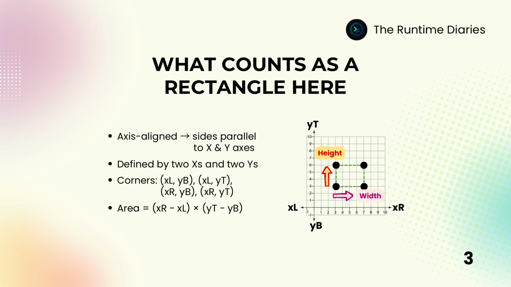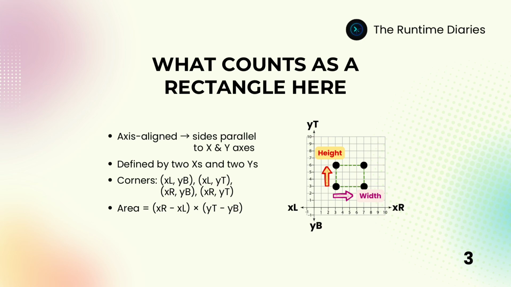Let's clarify what we mean by a rectangle in this problem. Because the sides are axis aligned, they're always parallel to the x and y axis, and no diagonals are allowed. A rectangle is defined by picking two x values and two y values, left and right, bottom and top.